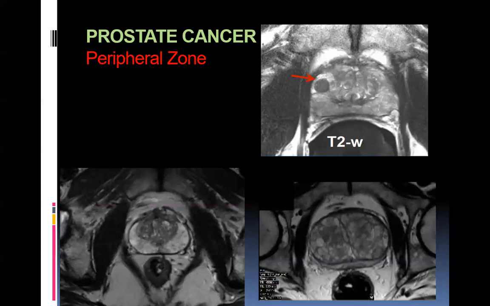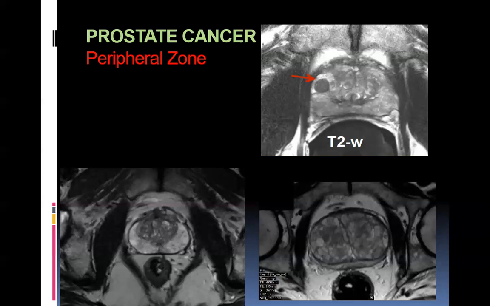Obviously, it's beyond your level, because the classification requires you to see a lot of cases before you can tell what sort of lesion it is. Because it's not that easy to differentiate prostatitis from prostate cancer sometimes. So just remember, adenocarcinoma is the more frequent tumor in the prostate, and it lies in the peripheral zone.